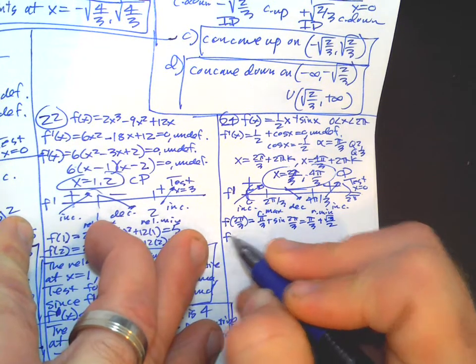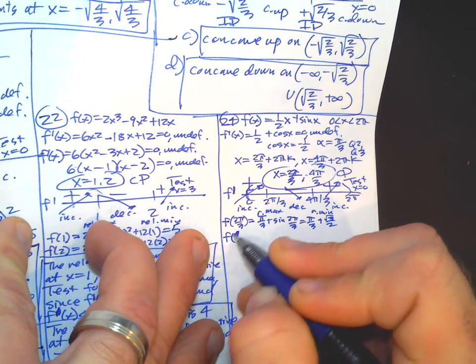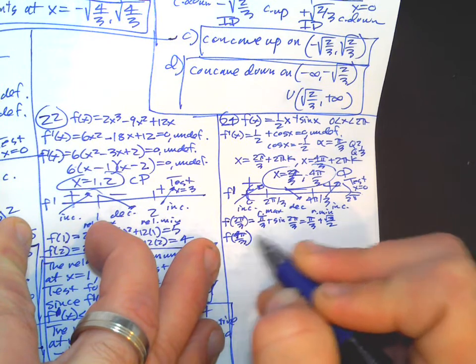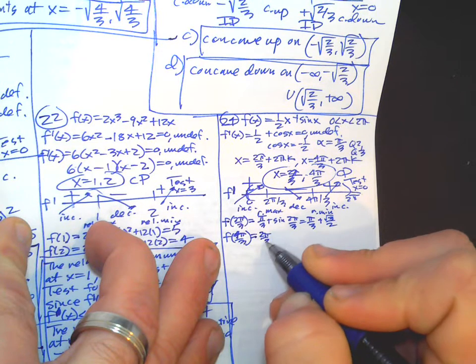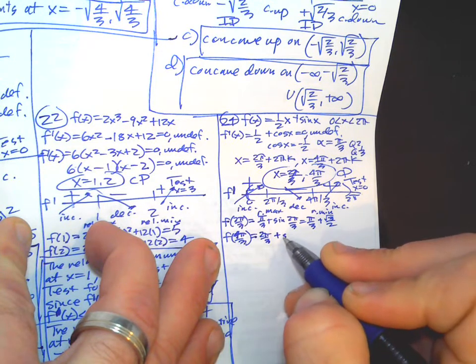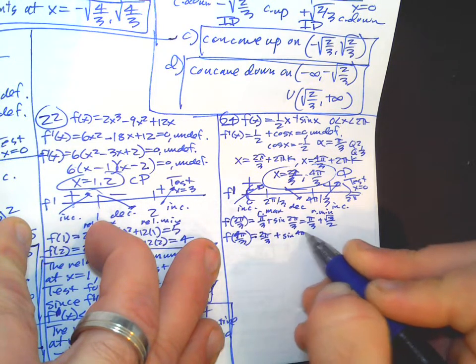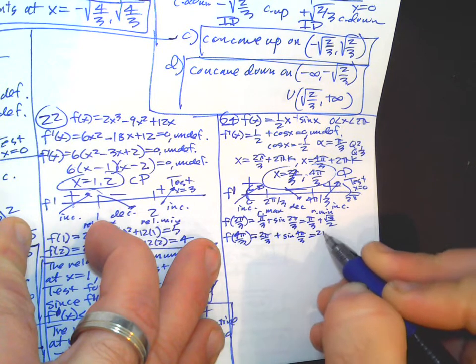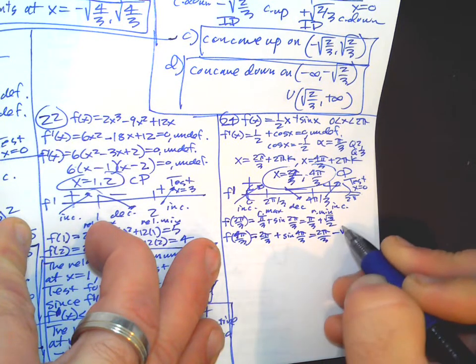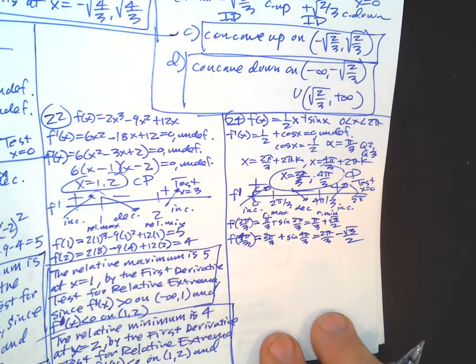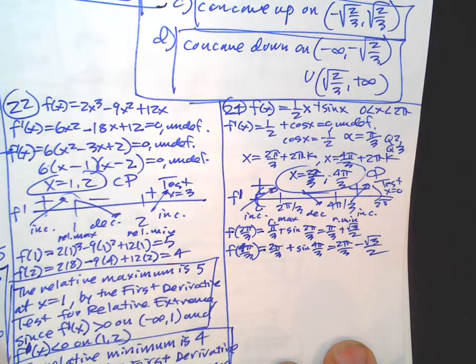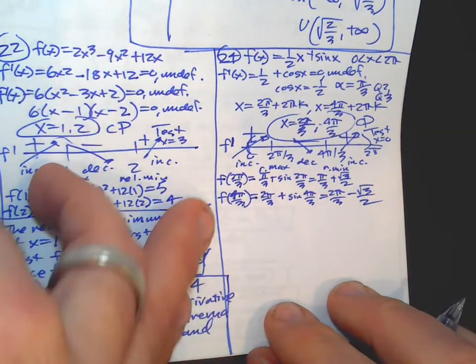And then 4 pi over 3 is going to be 2 pi over 3 plus sine of 4 pi over 3. So it's going to be 2 pi over 3 minus root 3 over 2 because it's in quadrant 3. And then we just got to write the answers.